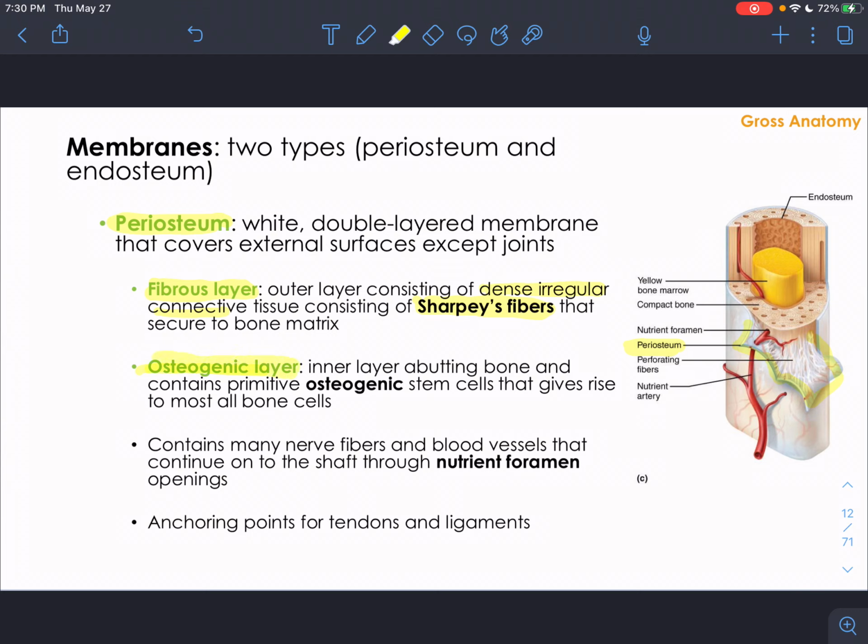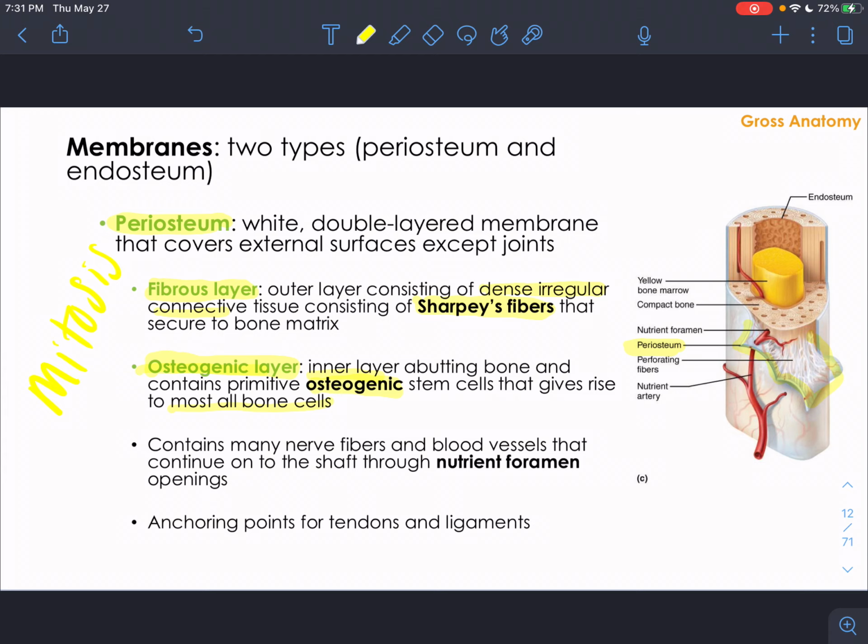And then we have the osteogenic layer, which is the inner layer that contains osteogenic stem cells. These types of cells we'll talk about in a little more depth later on. But osteogenic cells are going to give rise to pretty much all bone cells. They're the stem cells that are going through mitosis, dividing and creating the bone cells.